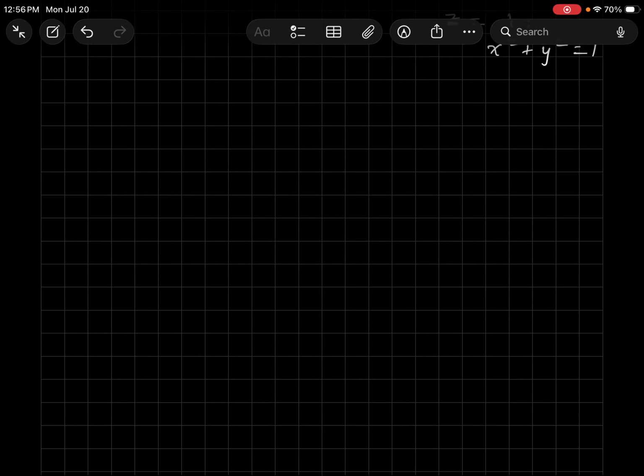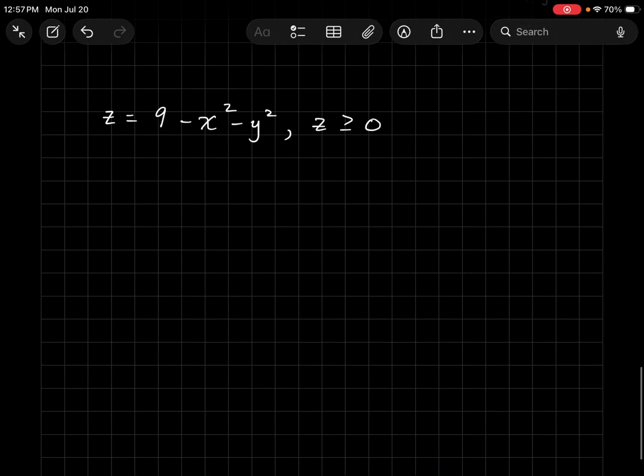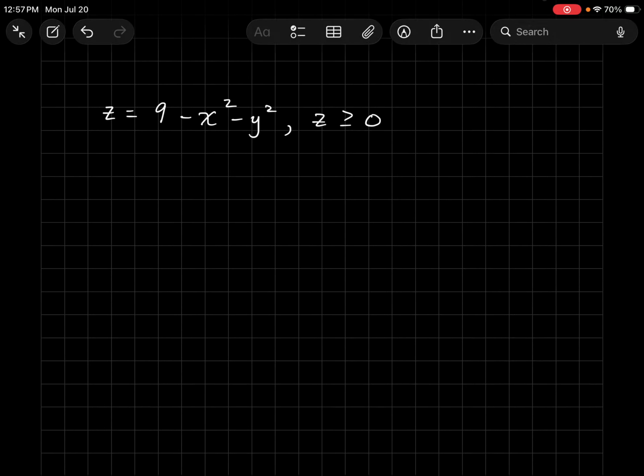How about this one? What if z equals, say, 9 minus x squared minus y squared, but z is also greater than or equal to 0? What do you think this would look like?